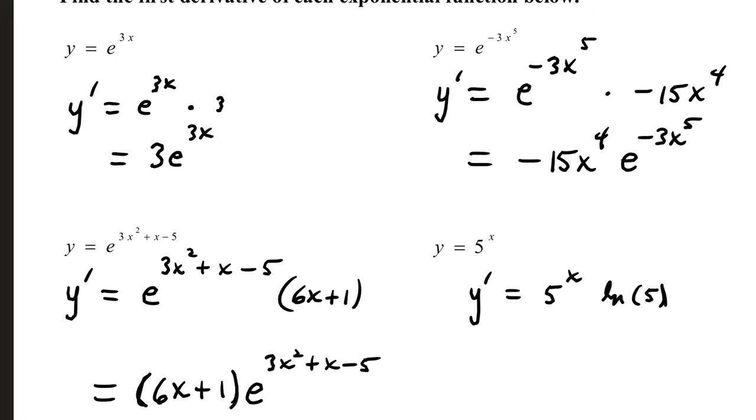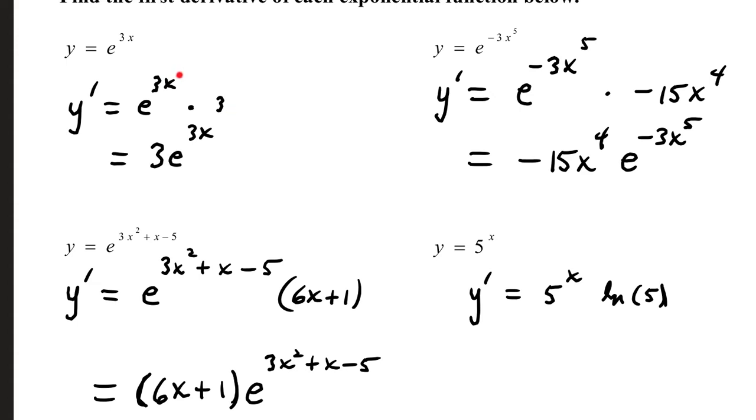Okay, so we're going to find the first derivative of each exponential function. Our first example, we have y equals e to the 3x. So for any of these exponential derivatives, you make an exact copy of the function. So I'm going to recopy e to the 3x. If the power has a derivative other than 1, you chain that to the end.